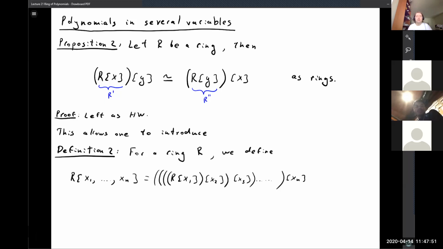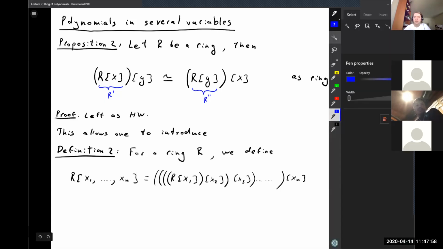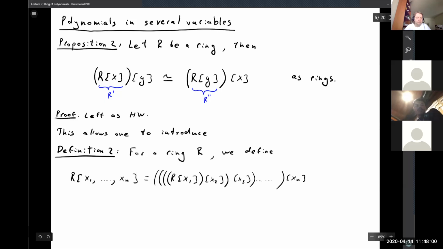And again, the order of x1 to xn doesn't matter precisely because of proposition 2.